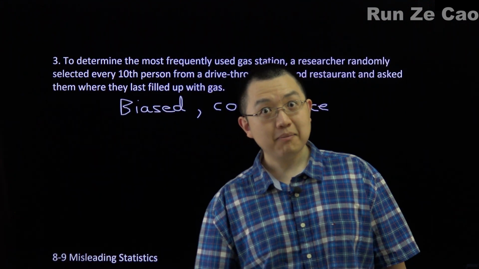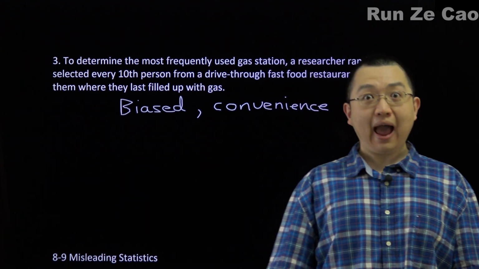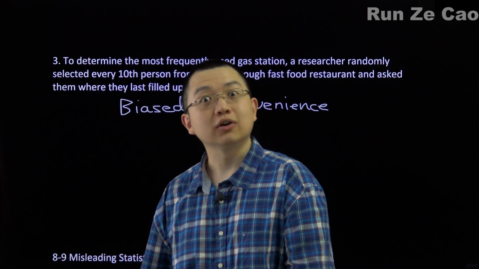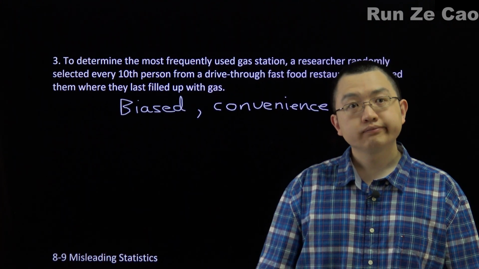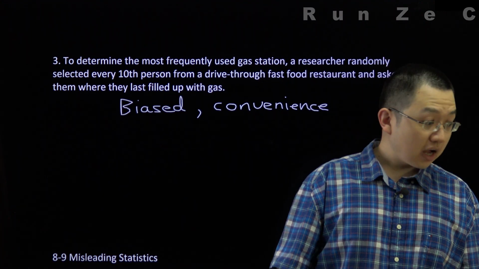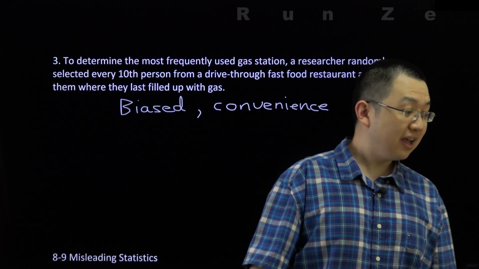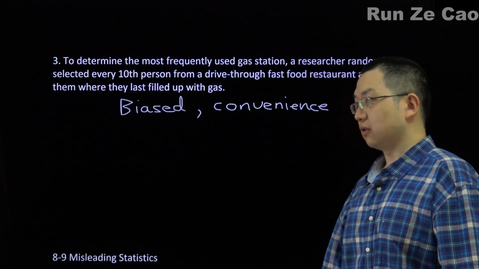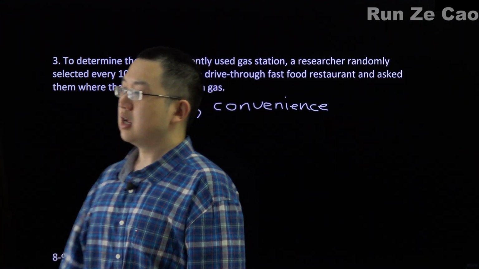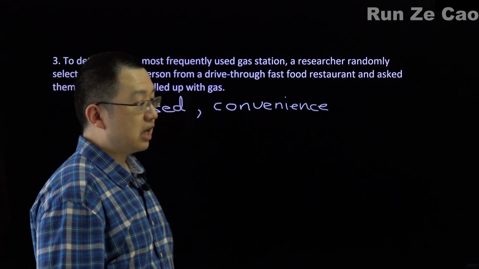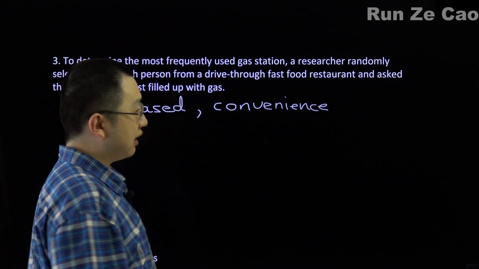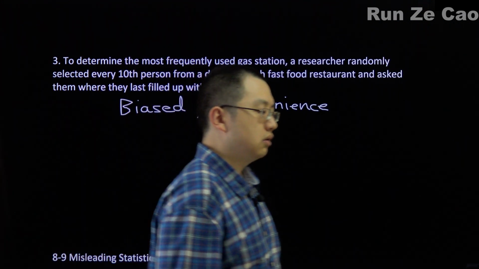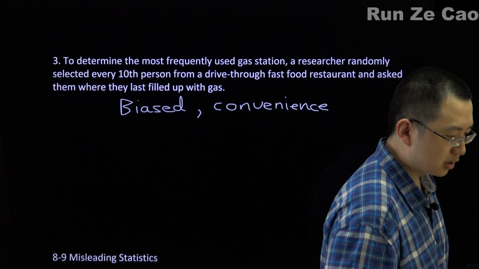Because I know that many gas stations actually have fast food places with drive-through counters and drive-through lanes. Something tells me that if you go to said drive-through fast food restaurant, or even one that's actually just near a gas station, you're gonna get, oh, they last filled up with gas, the nearest gas station is overrepresented. So this would not be representative of the population.